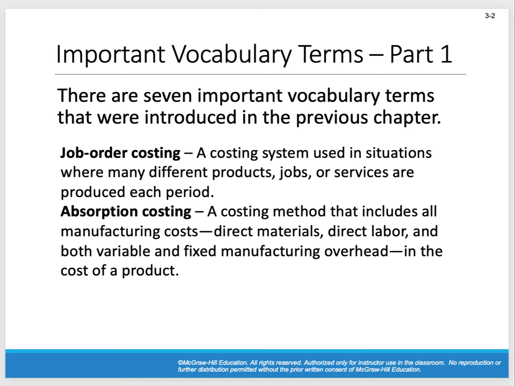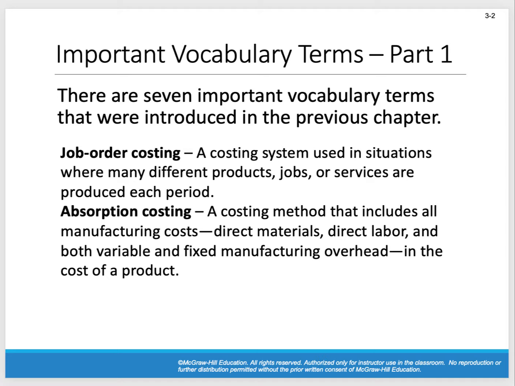Based on chapter 1 and our first meeting, hopefully you still remember what those manufacturing costs are. Direct material, direct labor, and all of manufacturing overhead. Remember, manufacturing overhead is going to have some pieces that are variable, and some pieces that are fixed, right?